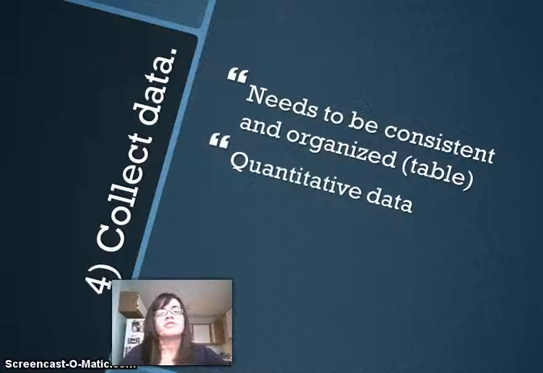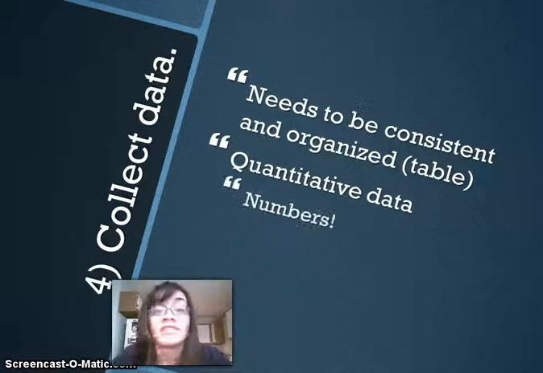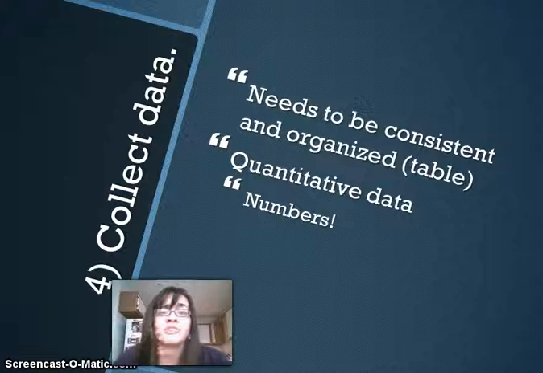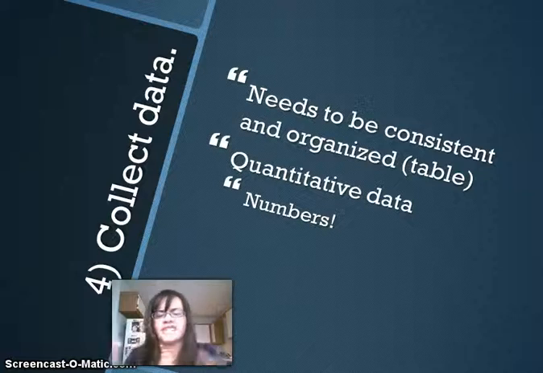It also typically needs to be quantitative data. Data is just information, and quantitative data is just numbers. So you're looking for temperature, time, height and size and things like that. That's how you need to make sure you collect data so you can go ahead and make conclusions and findings at the end.